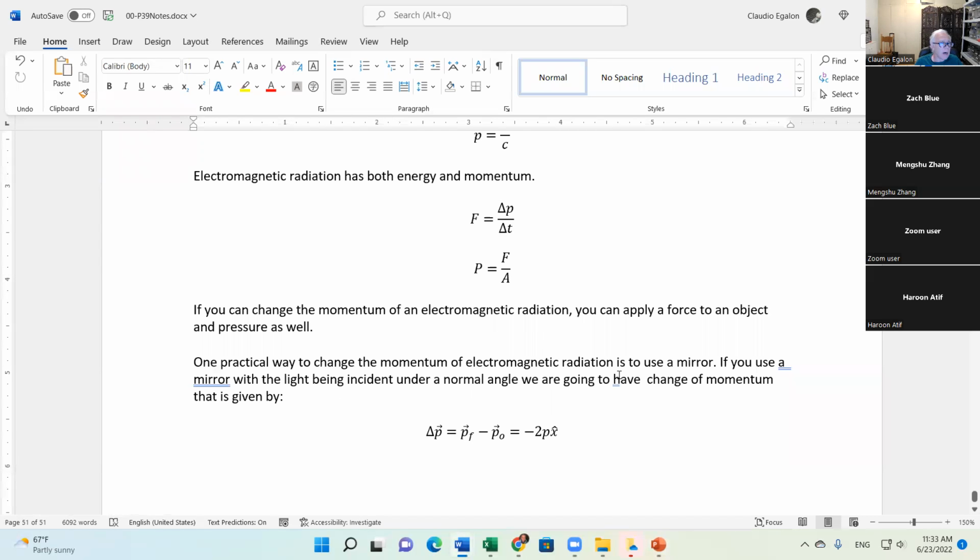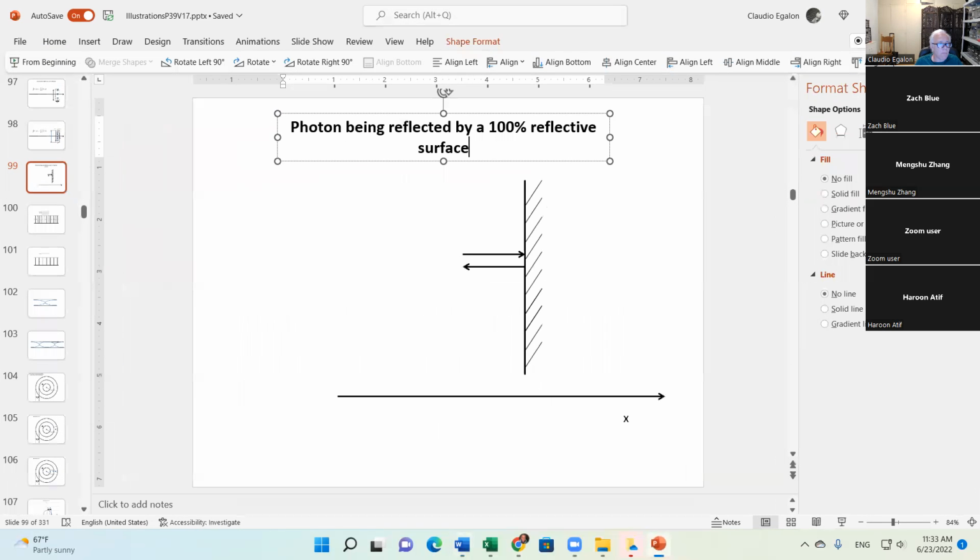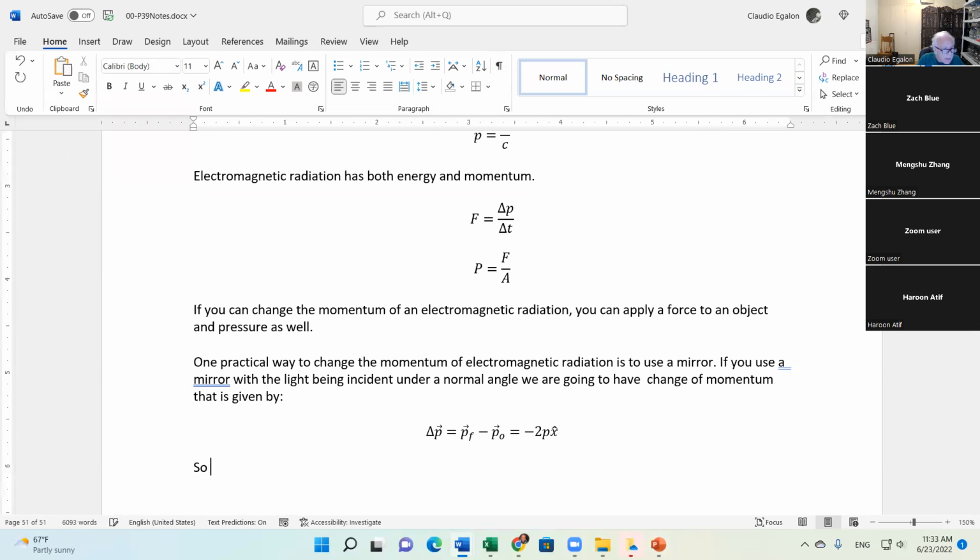But because of Newton's third law of motion, action and reaction, if the mirror is applying a force to the left on the photon, it means that the photon is applying a force towards the right on the mirror.